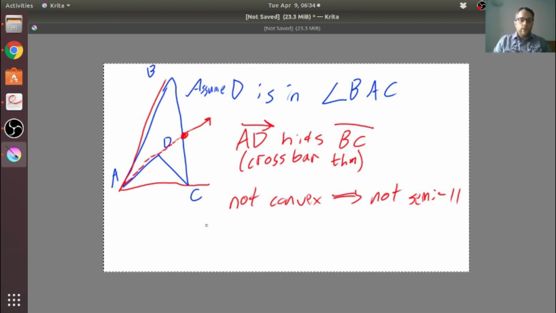So what I need to show then is if it is convex, then the lines are semi-parallel. Well, I can go the other way.